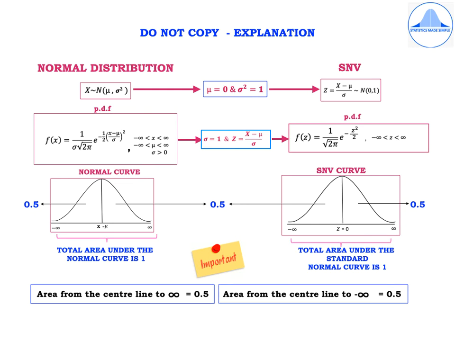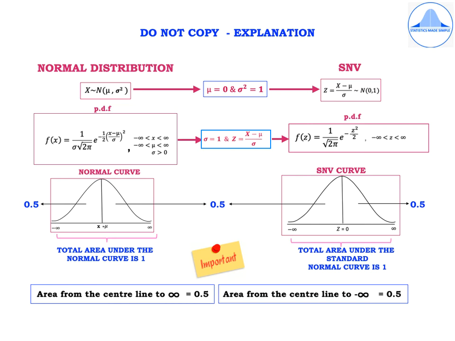And how does the PDF change? To f of z equal to 1 by root 2 pi e to the power minus z square by 2, and minus infinity less than z less than infinity. So in the normal distribution PDF, when you put sigma as 1 and when you put x minus mu divided by sigma as z, you get f of z equal to 1 by root 2 pi e to the power minus z square by 2.